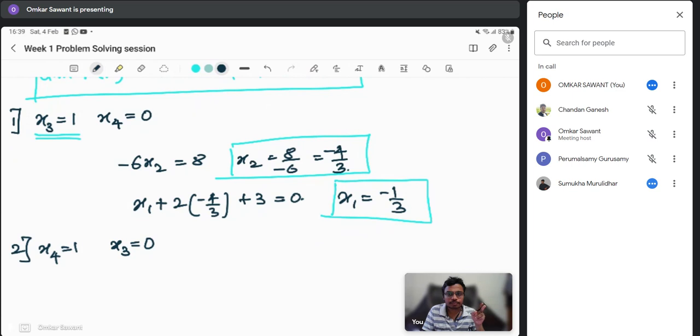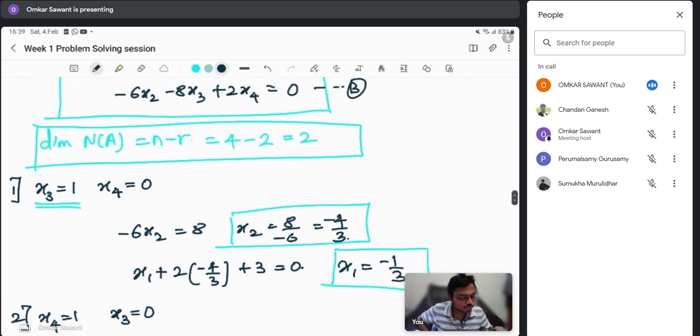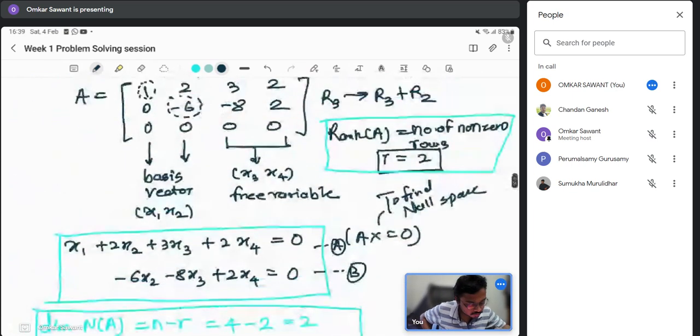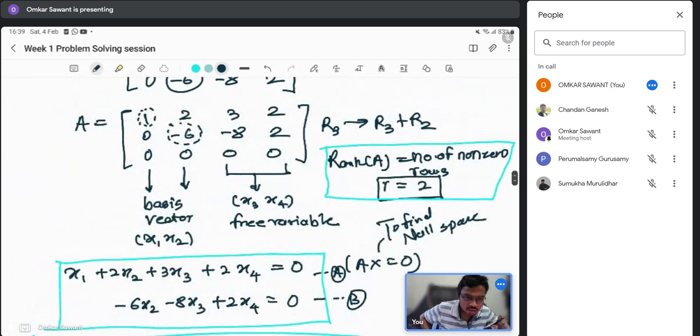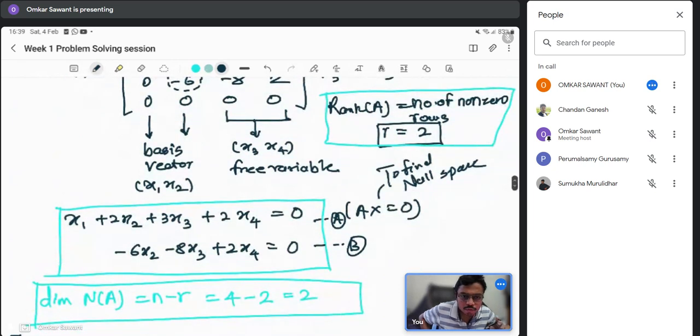Sir, can you repeat? There are two free variables, right? x3 and x4. Okay, and we have to represent the basis variables in terms of x3 and x4, right? So one time we will take x3 as 1 and x4 as 0 and find out values of x1 and x2 for x3.